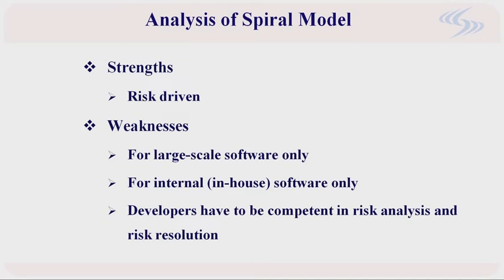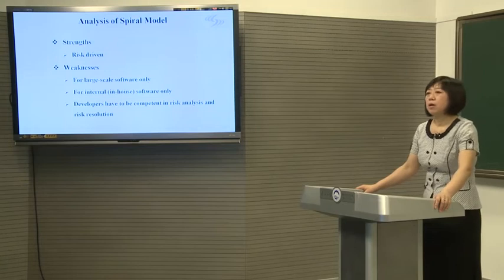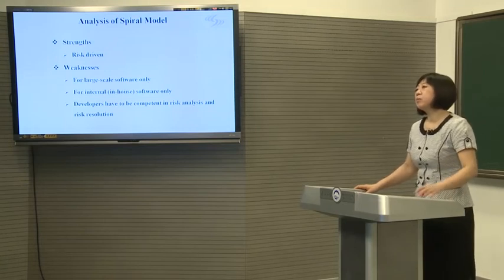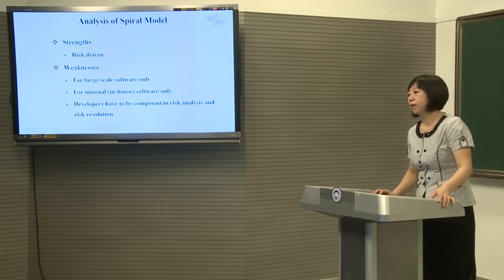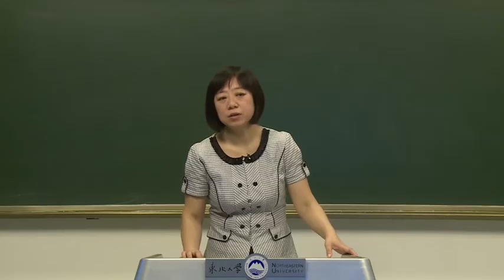Well, the strength is that this model is risk-driven, and it can avoid big loss, big risk, or big waste of investment and work. Well, we must understand that this model is applicable for only large-scale software and internal software.